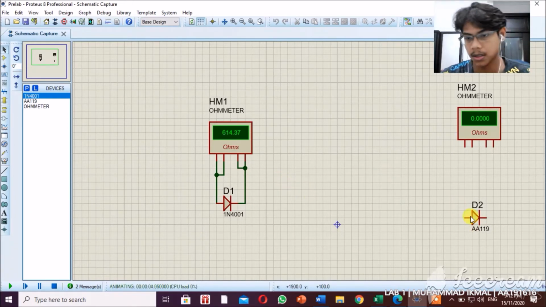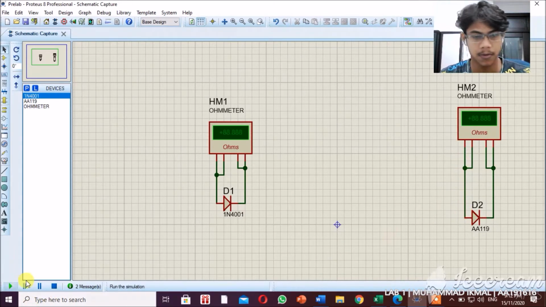And for the germanium diode, the forward bias resistance is 365.96 ohm. That's for forward bias resistance.